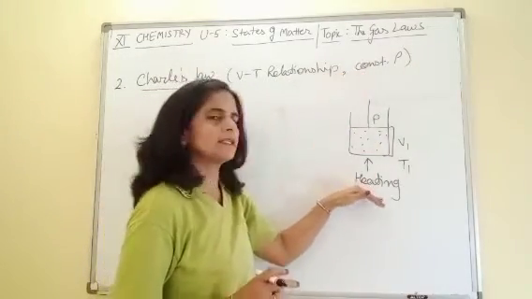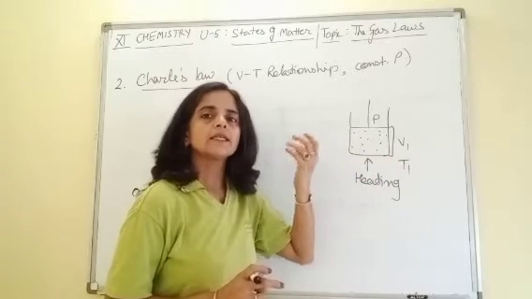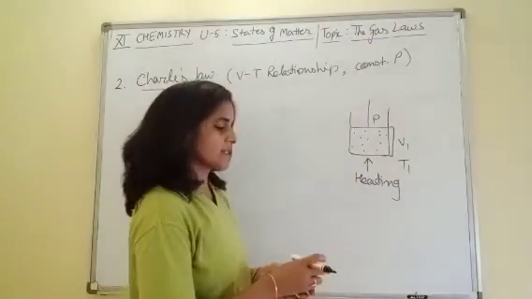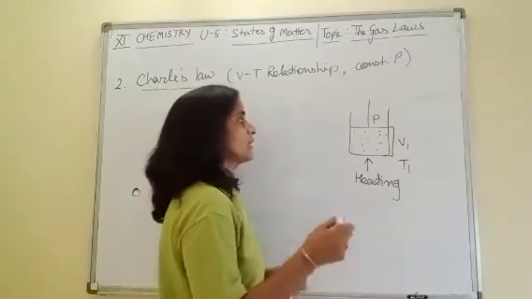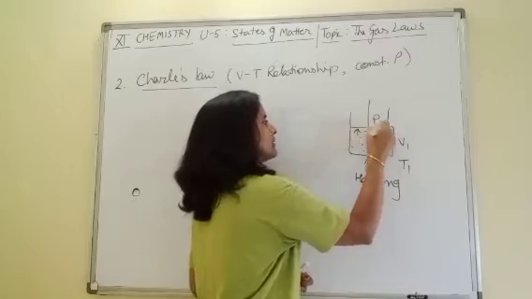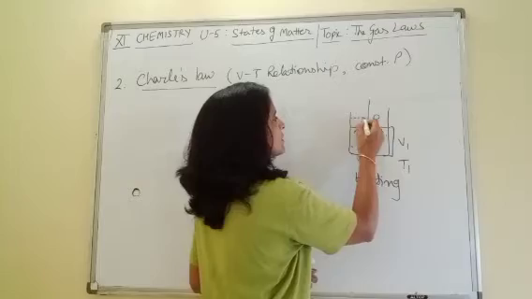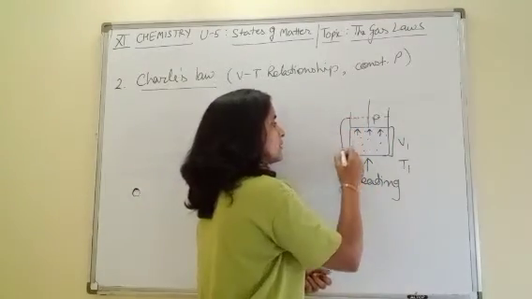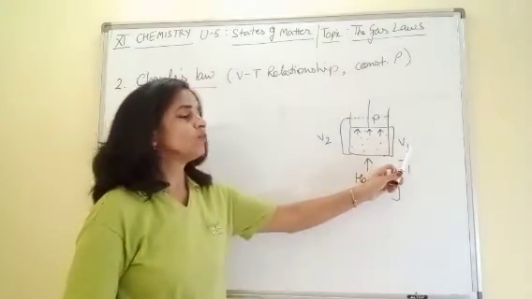So when I start heating the gas, due to increased kinetic energy of particles, they start moving far away from each other. As a result, volume starts increasing because we cannot change the pressure. So the piston will move in the upward direction. Suppose it reaches here now. It means now the volume becomes V2, which is higher than V1.